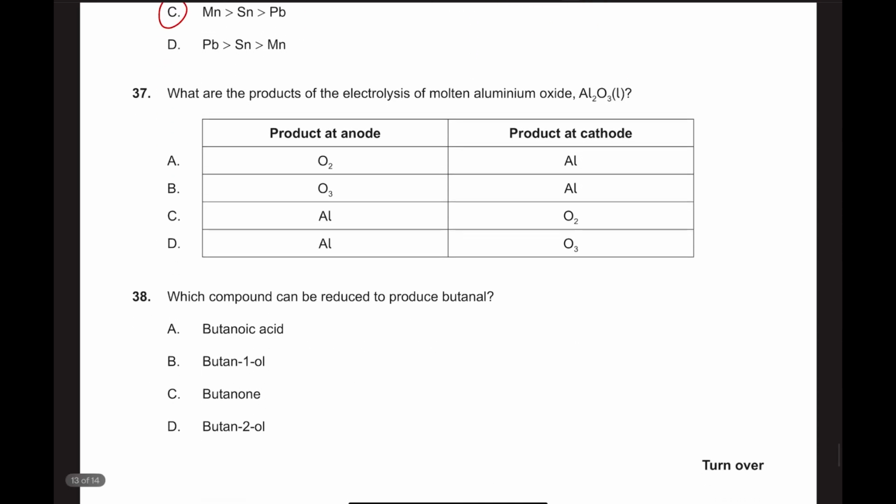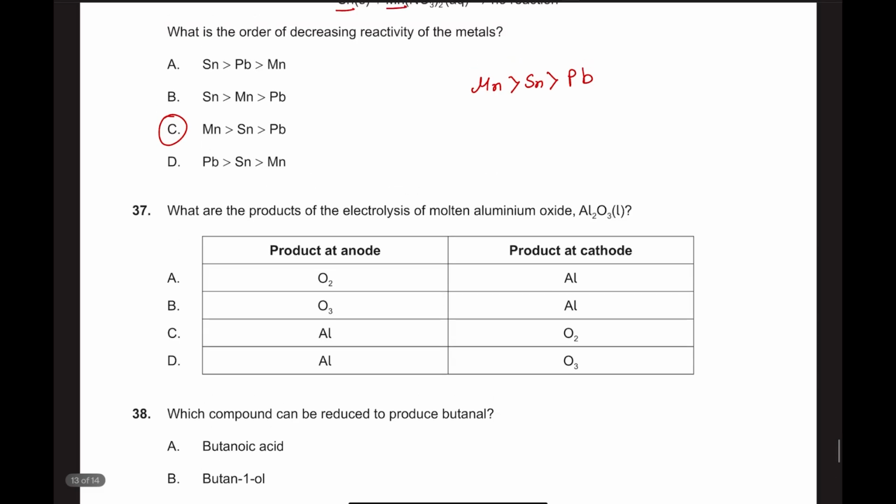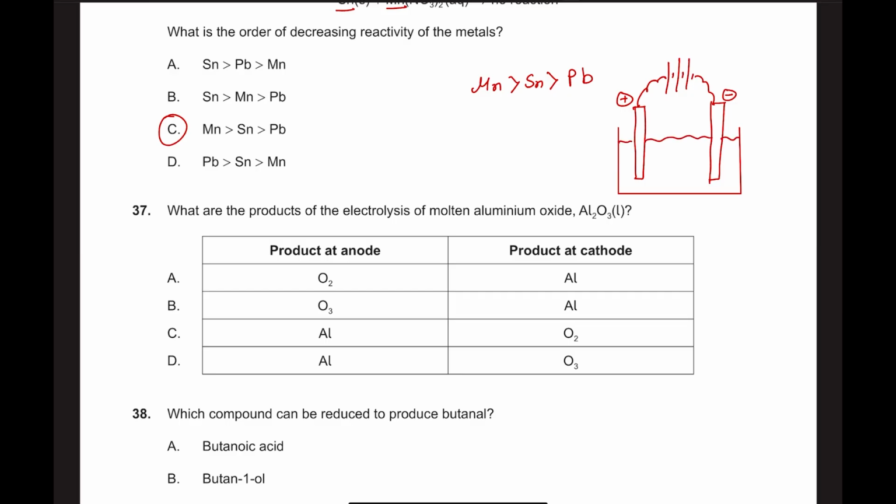Next one. What are the products of electrolysis of molten Al2O3? Okay, just draw an electrolysis setup here. These are your batteries. Positive charge, negative charge. So Al will form Al3+, and the Al3+ ions will be attracted towards the negative electrode.